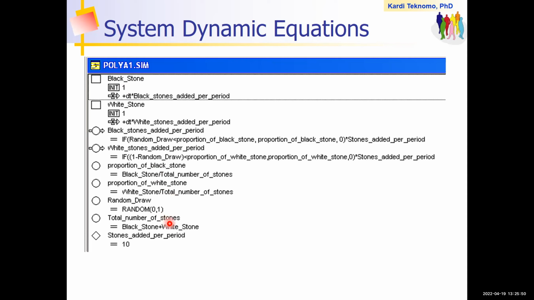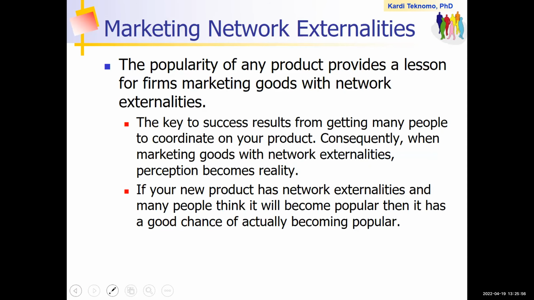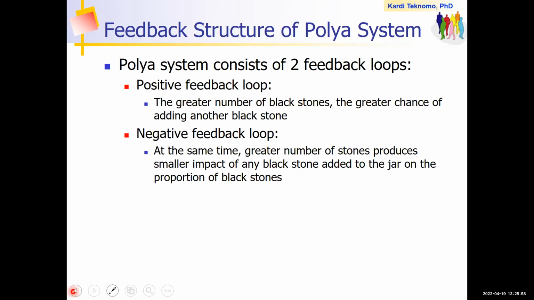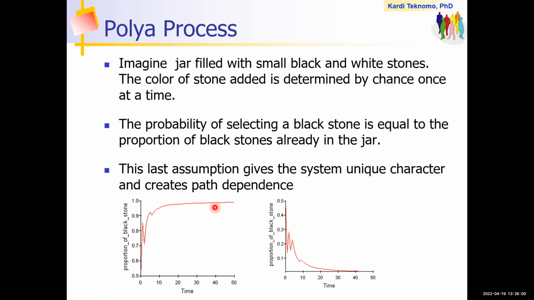With that, we can start to see the path-dependent system. The result is just this. Over time, the proportion of black stone can go up or go down. That is purely random. It can go up to 1 or go down to 0.